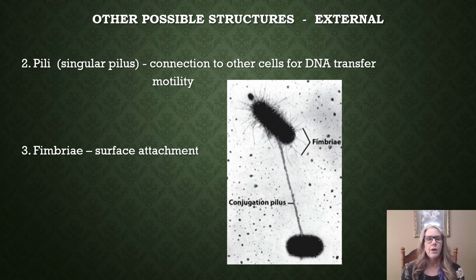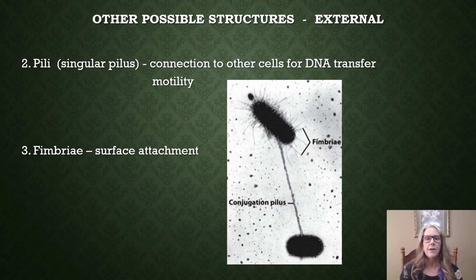A third one is called fimbriae. Fimbriae are used for surface attachment for the bacteria. It's a little more faint in our picture, but you can see the fimbriae surrounding the bacterial cell.